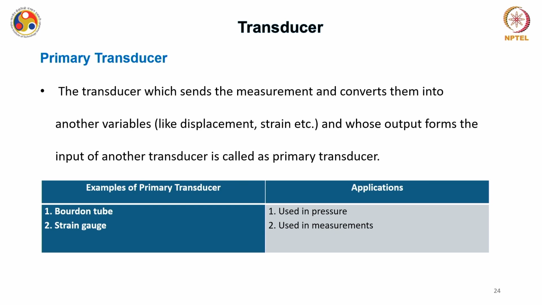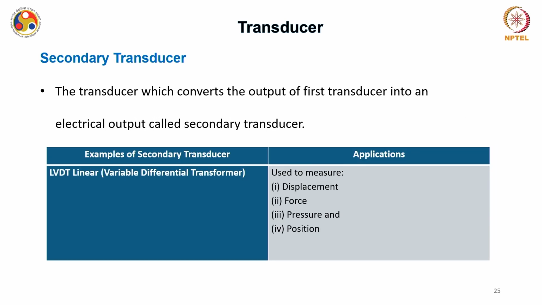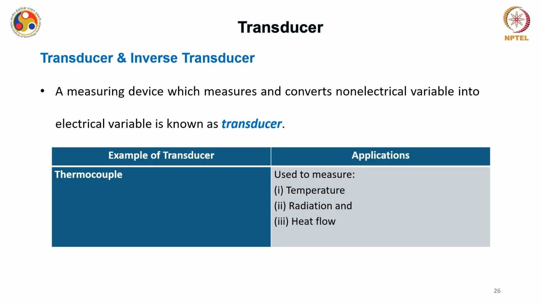They are used for pressure and other measurements. Secondary transducers are those which convert the output of the first transducer into an electrical output, like the LVDT. LVDT is a linear variable differential transformer, and it is used to measure displacement, force, pressure, position, etc.